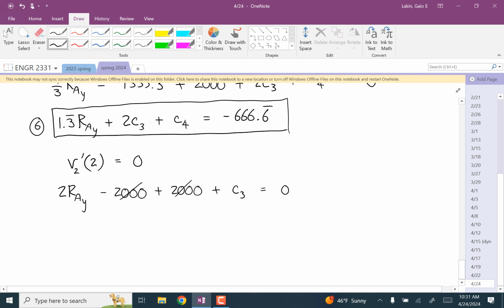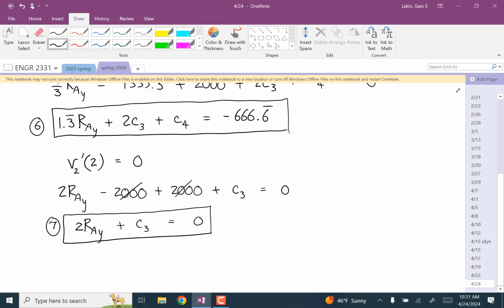And so our seventh equation says 2RAY plus C3 is equal to 0. Okay?